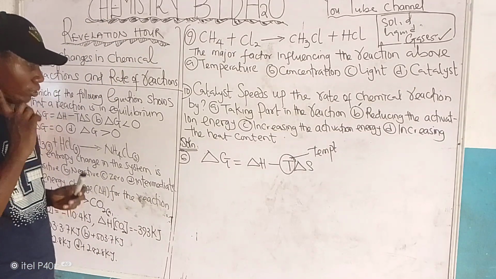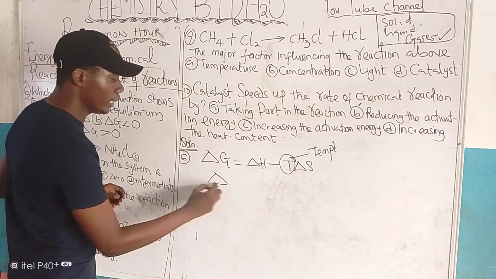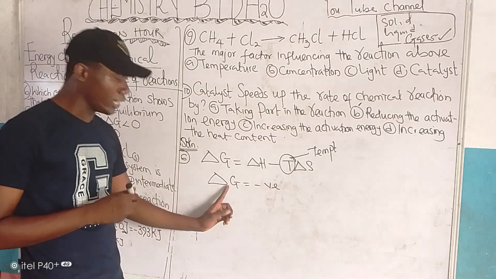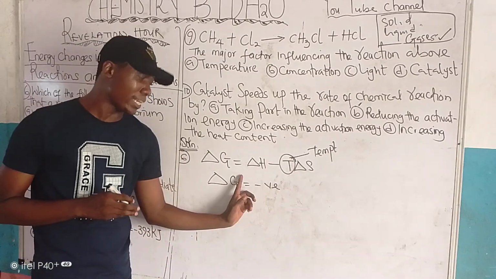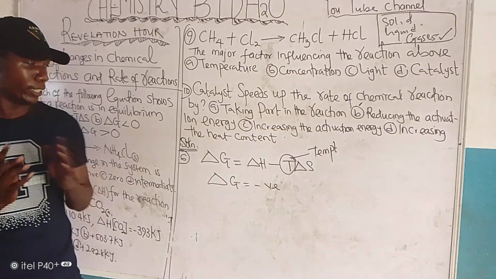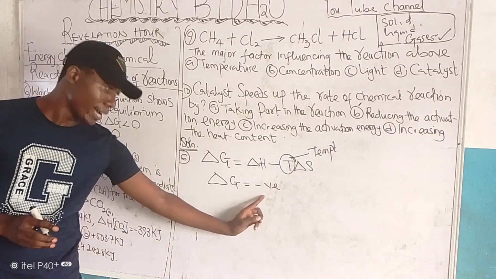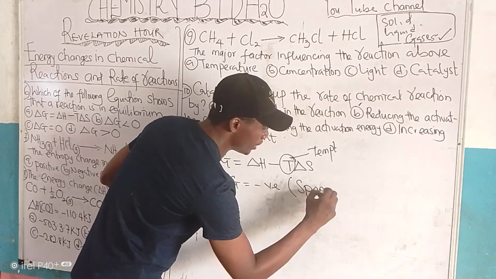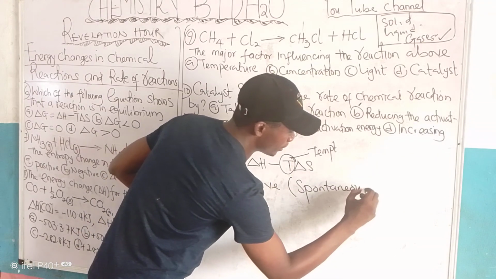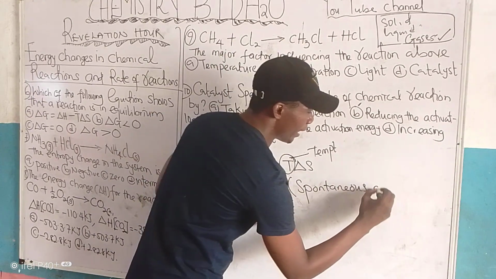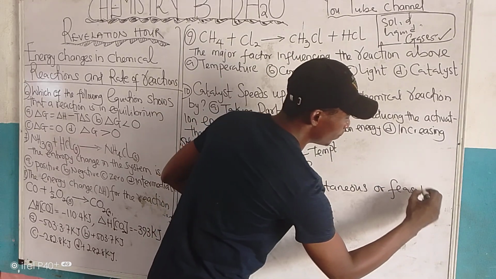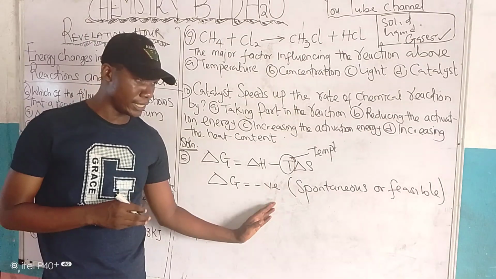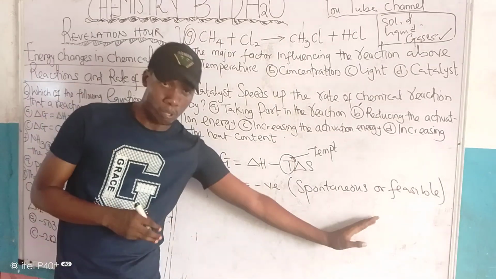Now, I want you to note this, please. If your Gibbs free energy is negative, like I told you, this determines whether a reaction is spontaneous or not. If your Gibbs free energy is negative, we will say that the reaction is spontaneous. Please take note of that. Or we say that the reaction is feasible. So whenever your Gibbs free energy is negative, the reaction is said to be spontaneous.